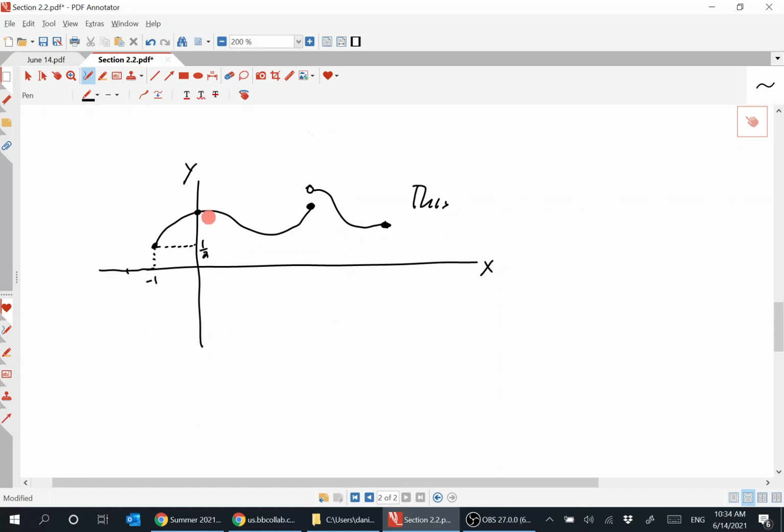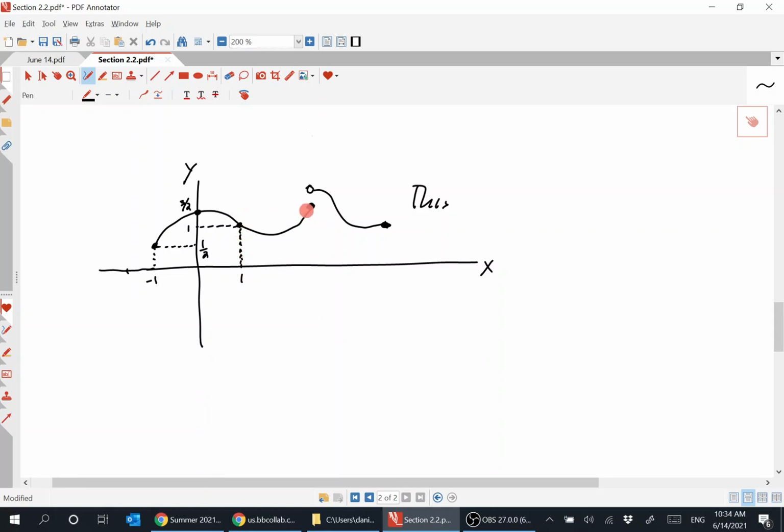We'll say this is y equal to 3/2 right there. Y equal to 1 right here, corresponding to x value 1.